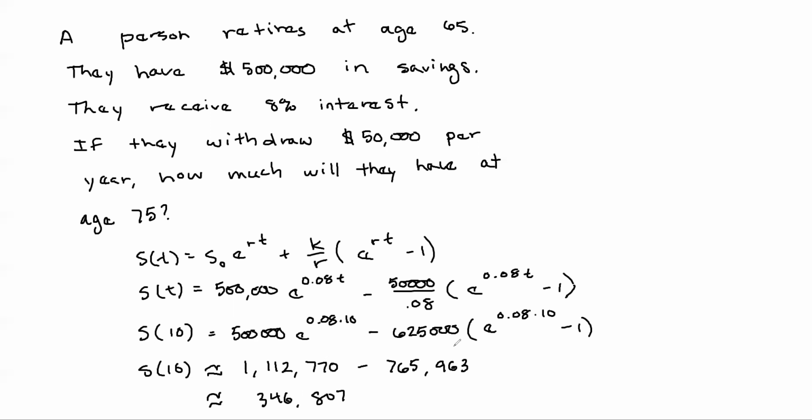But the reductions in their savings from the withdrawals totaled $765,963. If you effectively compounded those withdrawals, because the effect of those is going to grow over time in terms of their negative impact.